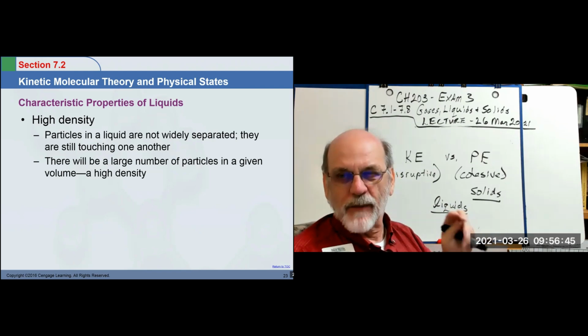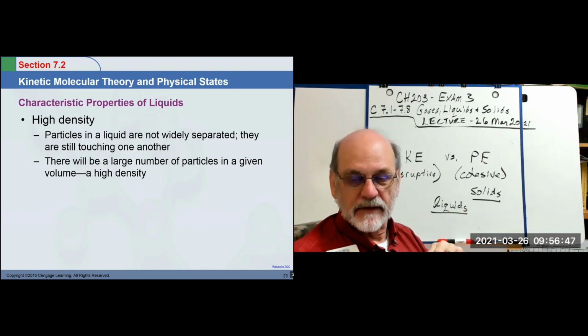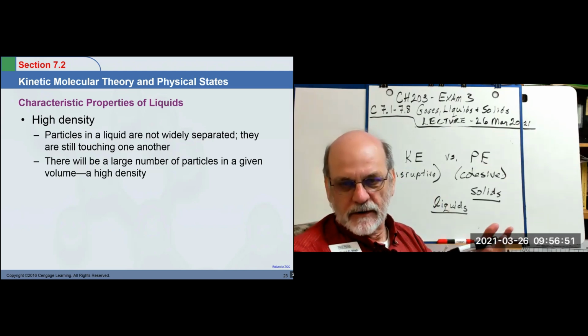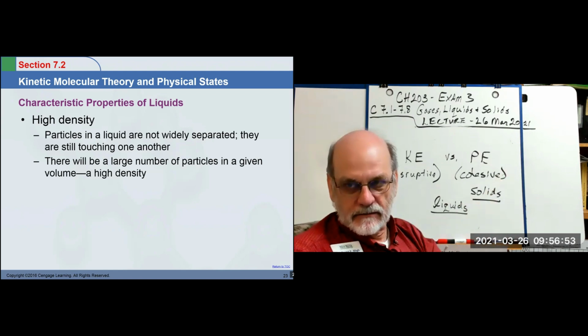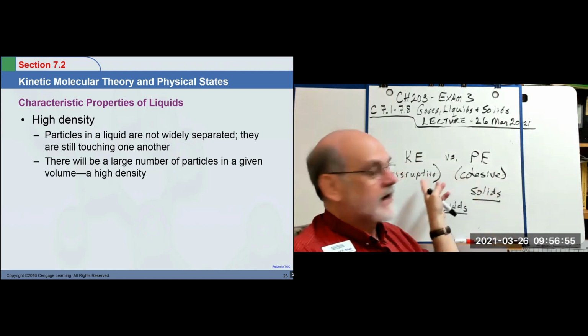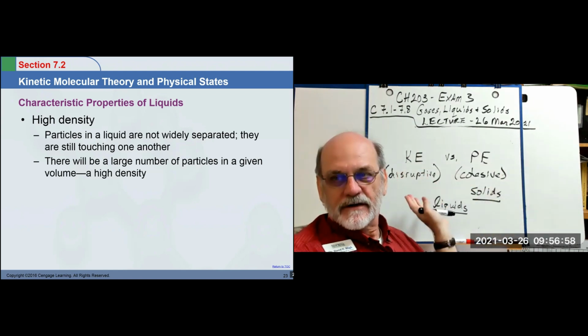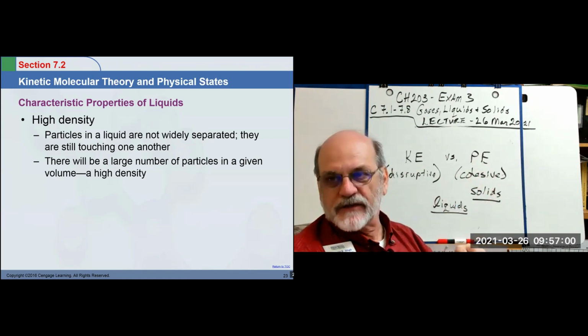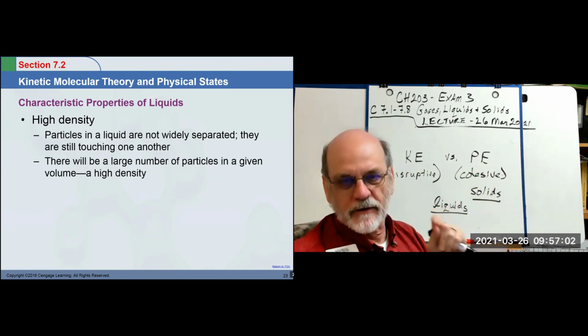They have a general high density, comparable to, but somewhat less than the solid in most cases, because they're still touching one another. They're just moving past. The kinetic energy is enough to disrupt those bonds enough where they can move past one another.